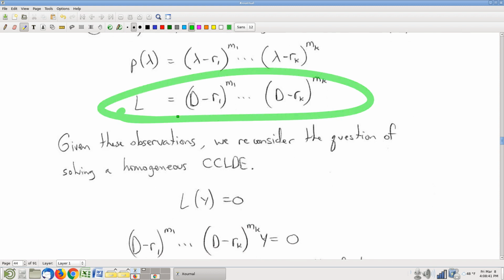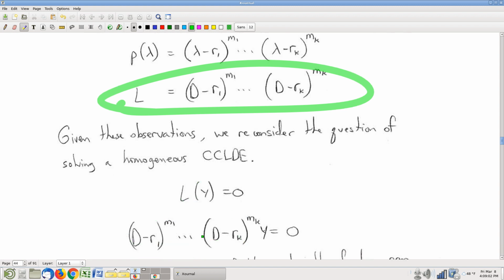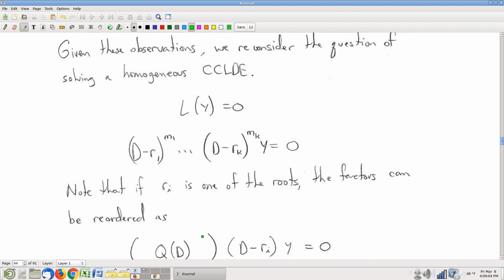Keep in mind, we just showed that L is not only made up of an algebra of linear transformations, but that it factors. Furthermore, not only does it factor, but these factors are commutative, and so we can move these factors around however we like, which is weird, but true. And I would like to move those factors around as follows.